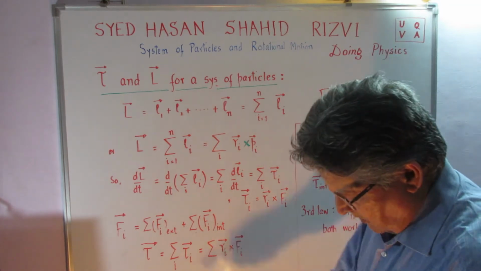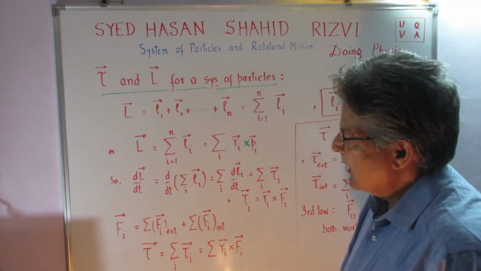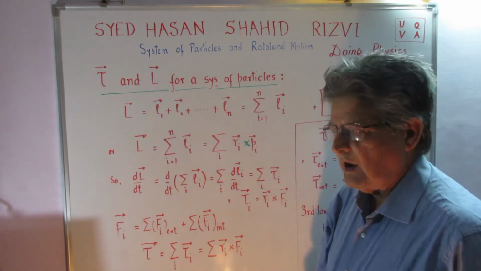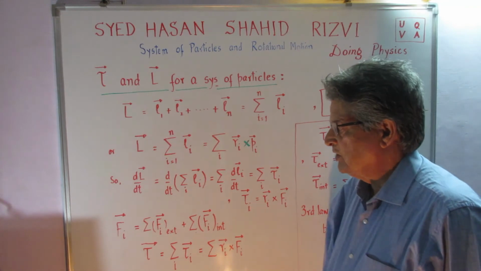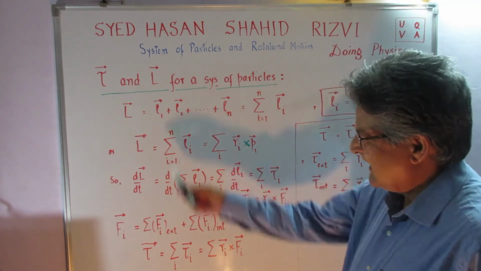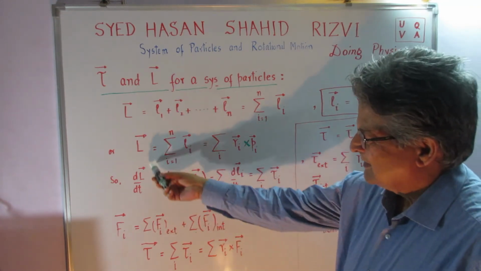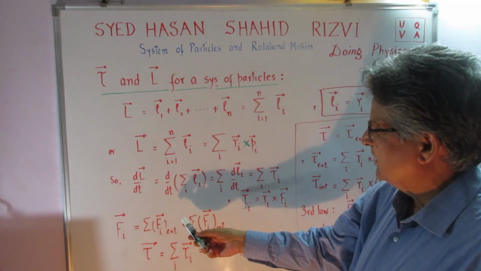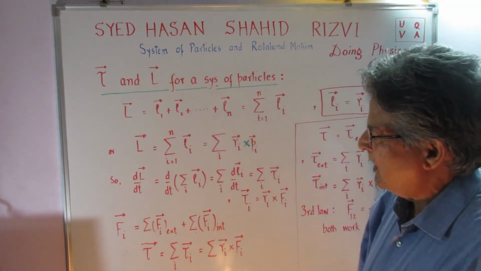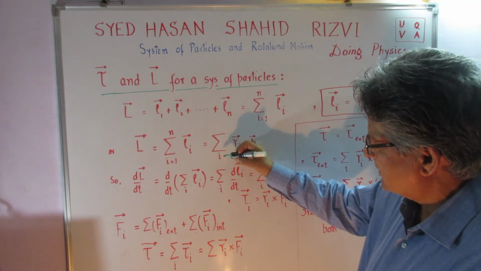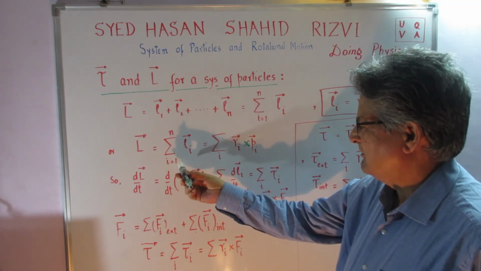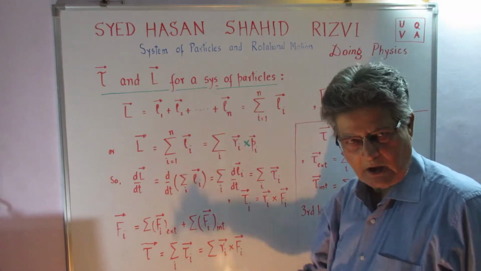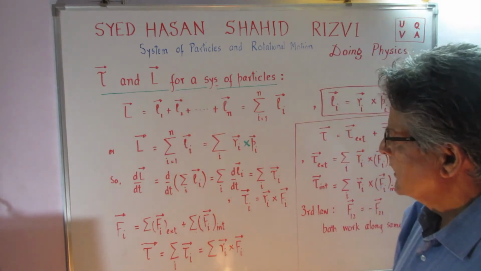So now what I do is I differentiate this L, the total angular momentum, with respect to time. And like we have been doing before, dL/dt will be equal to d/dt of sigma Li, where I varies from 1 to n. N can be any number.